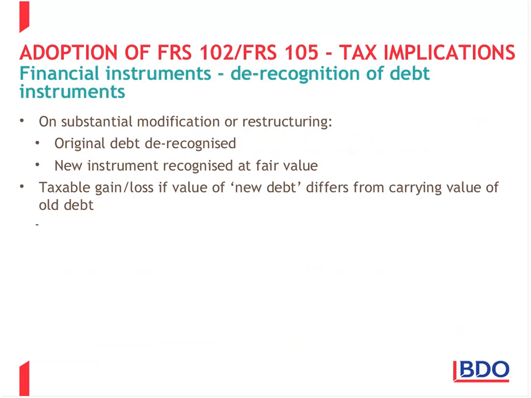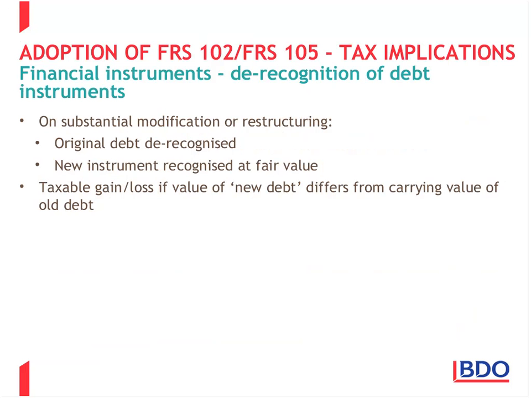Let's look at distressed debt. Occasionally, a bank will enter into an arrangement with a debtor in recognition of the fact that this debt instrument may not be repaid in full.